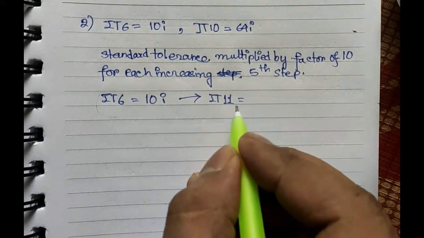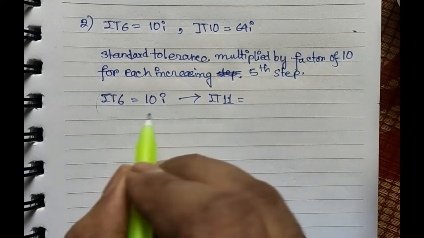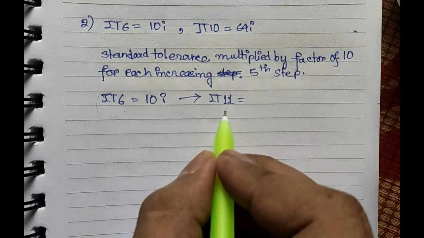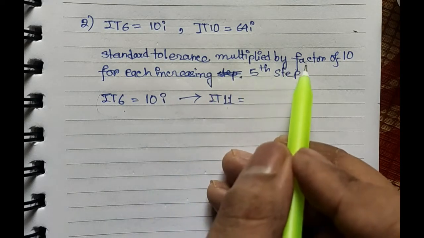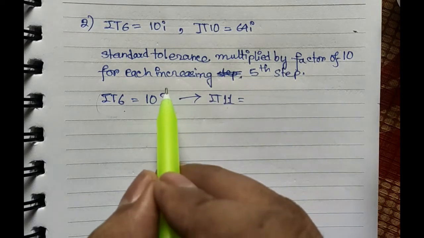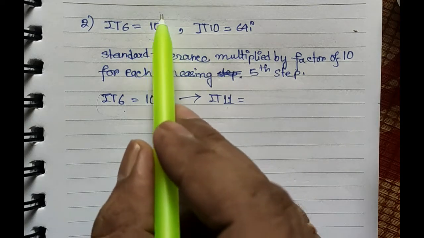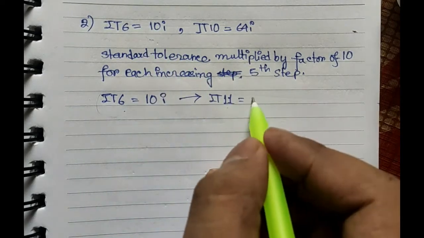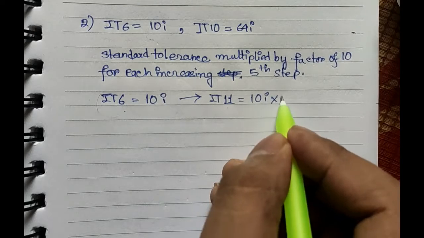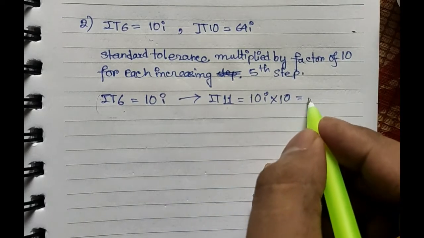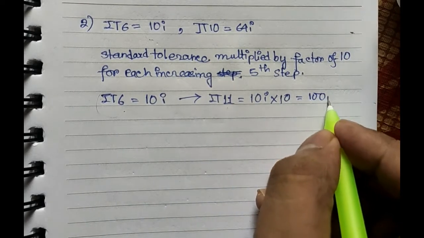When it becomes IT11, increasing by 5 steps, the standard tolerance will be multiplied by a factor of 10. The standard tolerance value is this 10i. This 10i will be multiplied by 10, so it will be 100i.